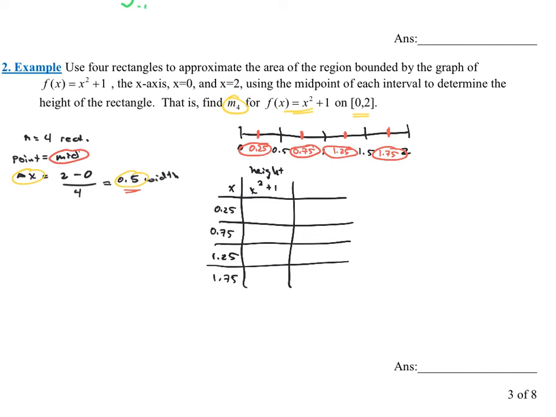And then we also need our width. Remember, your width is always delta x, which in this case is 0.5. So I'll put that in every single time. We're going to multiply those numbers together. Once we multiply those numbers together, it's going to give us the area of each of the rectangles. We're going to add those together and get the total area.